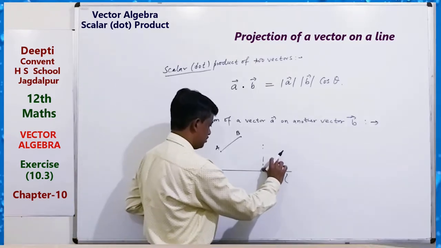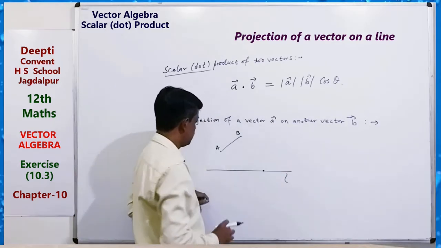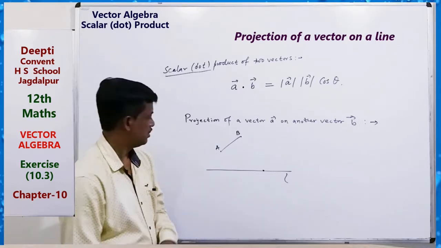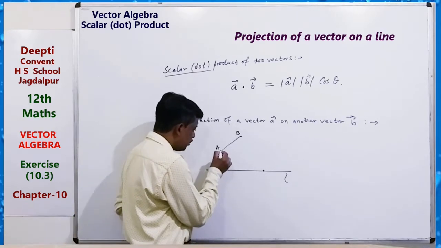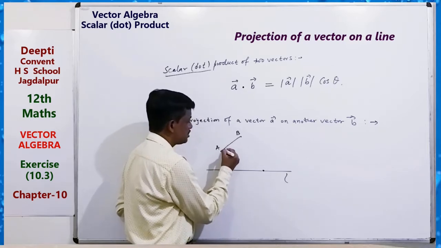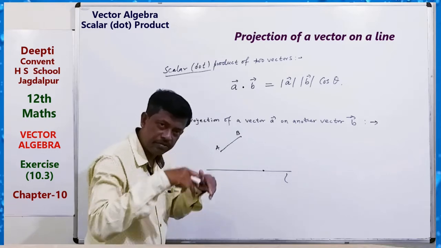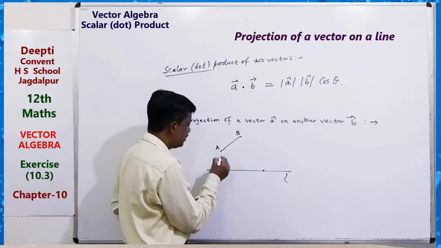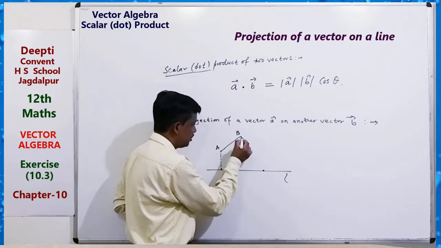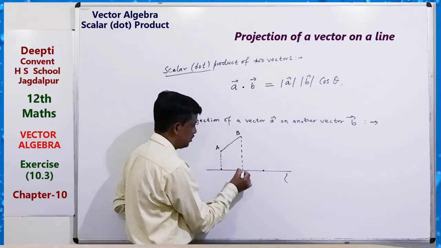Now, AB is a line segment. All the points of this line are projected to the line. Then just draw a perpendicular here, draw a perpendicular here.